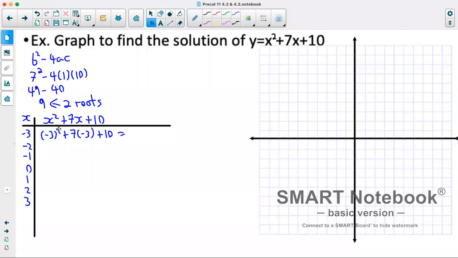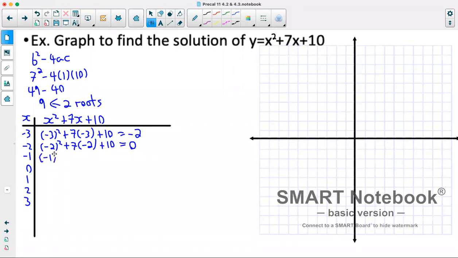So -3 squared is 9. 7 times -3 is -21. So 9 minus 21 would be negative 12 plus 10 is negative 2. Next, we have negative 2 squared plus 7 times negative 2 plus 10. So negative 2 squared is 4, minus 14 is negative 10, plus 10 is 0.